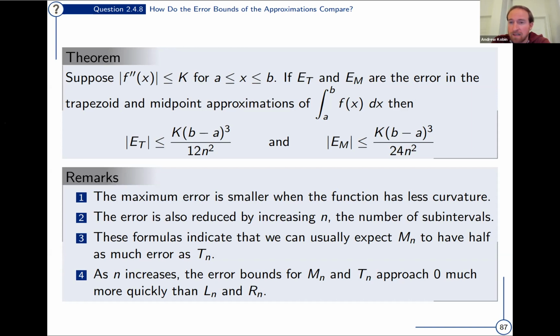This is reflected in the fact that the true value of the integral is equal to the limit as the base width delta x goes to 0. The only way to have a smaller width rectangle is to fit more of them, so n has to go up. But algebraically, this is also reflected in all of these error bound formulas having n in the denominator. So if n increases, the error gets smaller.